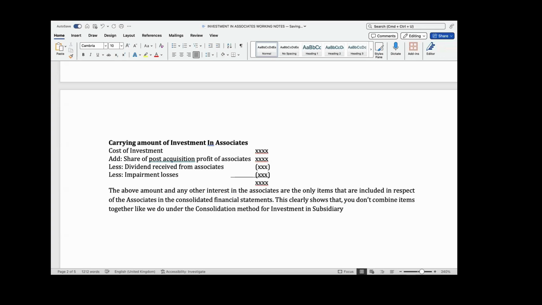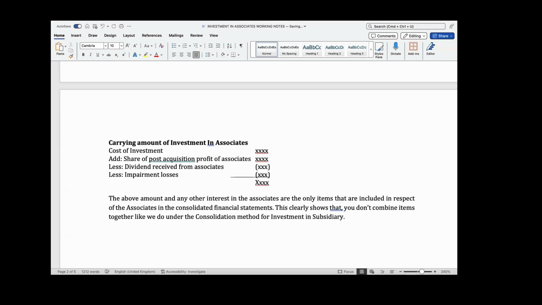So this is different for investment in subsidiary, where you will be adding items together and canceling out similar items. Here is not like that. Here you are not combining items together.